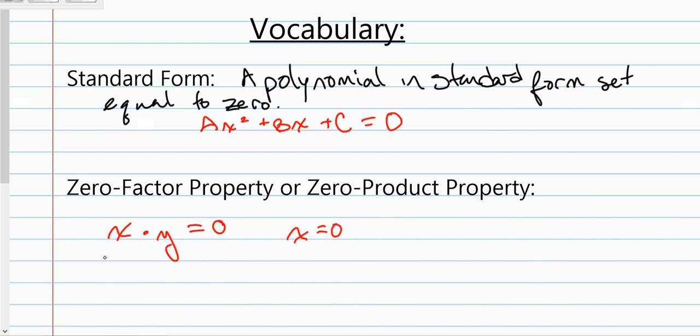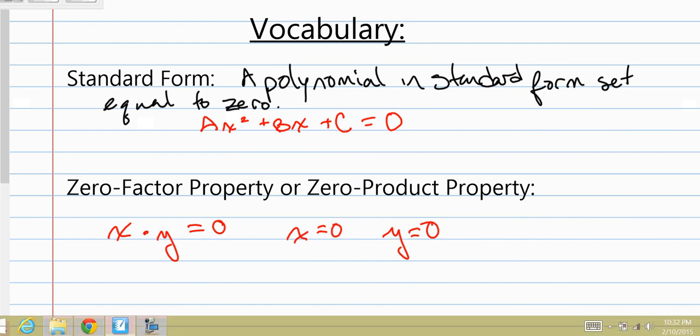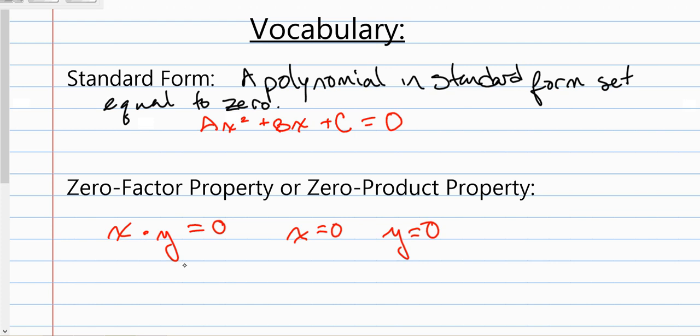Another way this would be true is if y were equal to 0. The zero product property states that if any factor of a factored polynomial equation equals 0, then the entire equation equals 0.